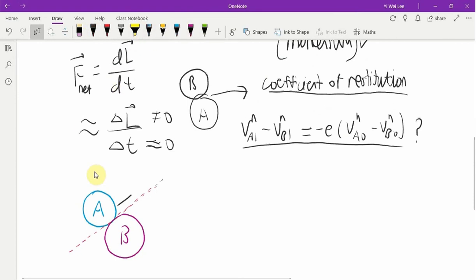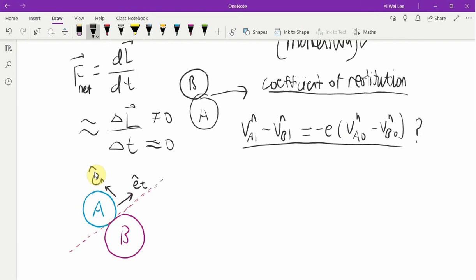Using this black color, I always denote the direction along the plane of collision as e_t, where e_t is a unit vector along the plane of collision, and e_n denotes the unit vector along the perpendicular direction to the collision plane.